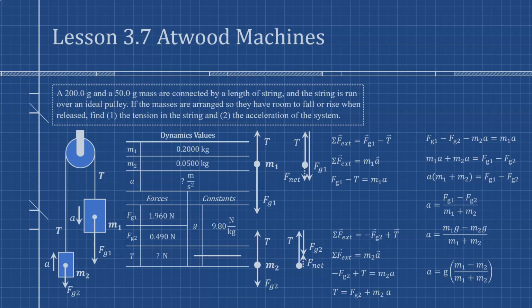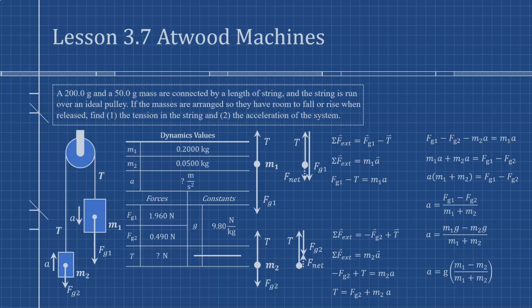Interestingly, from this equation, we can draw a conclusion as well. M1 minus M2 is always going to be less than M1 plus M2 because mass is always positive. So that last expression in parentheses is always going to be a fraction. It's going to be less than 1. And we're going to be multiplying G, which is the acceleration due to gravity at the Earth's surface, by a value that's less than 1.